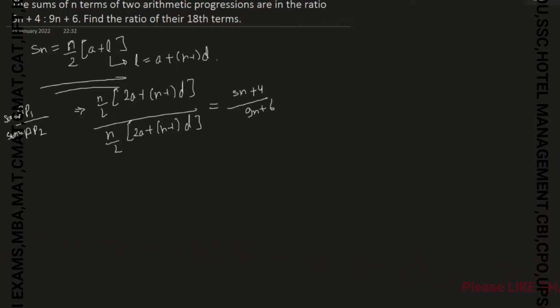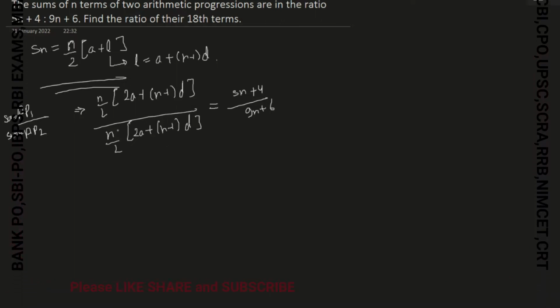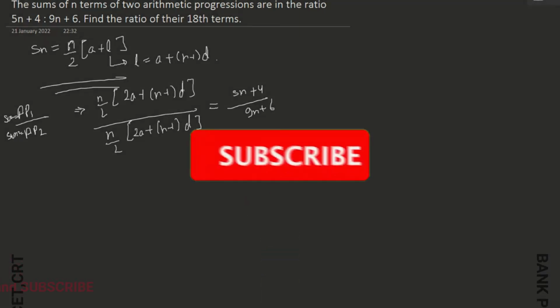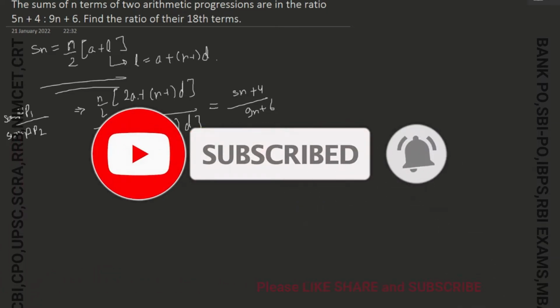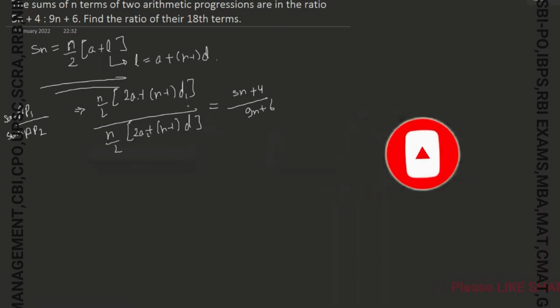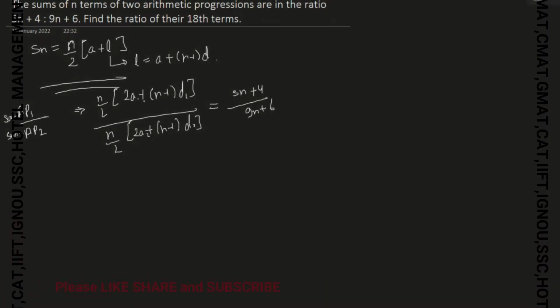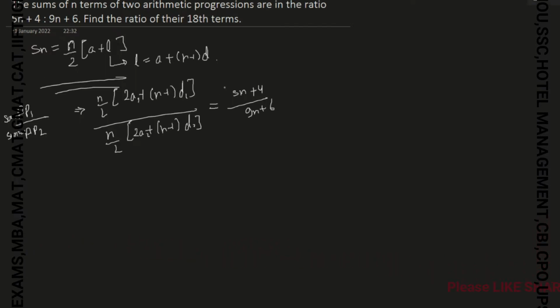Let me remind you, this is one AP and this is the other AP, so n will be the same as per the question, but a is different for this and d is different for this. So you can write a1 and a2, and d1 and d2. This is just for reminder purposes: the first term and the common difference will be different for both APs given.